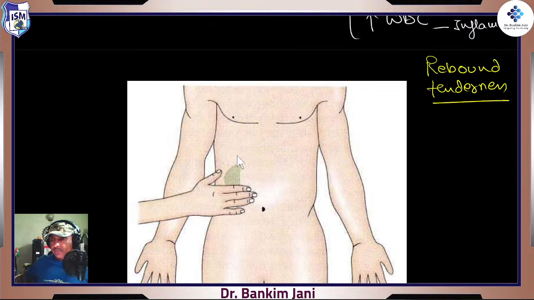But then you press, and when you release it, the pain comes, right? So that is rebound tenderness. Which will be like for peritonitis. That means the situation is bad. Now the infection has spread to cause peritonitis.